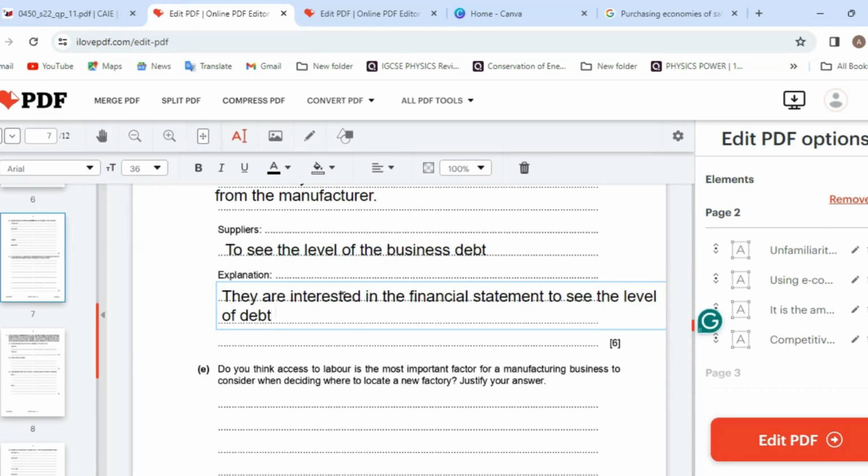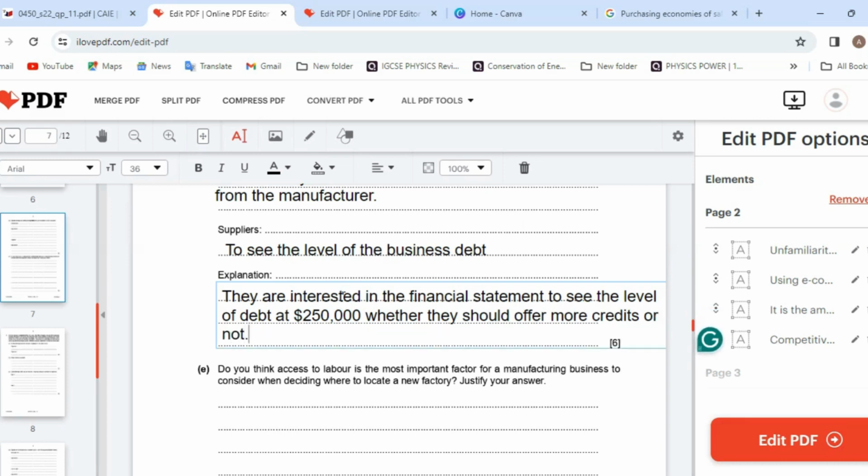Let's say the one we have here, $250,000, whether they should offer more credit or not.